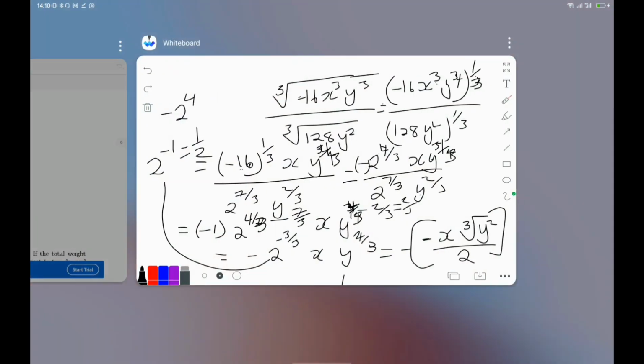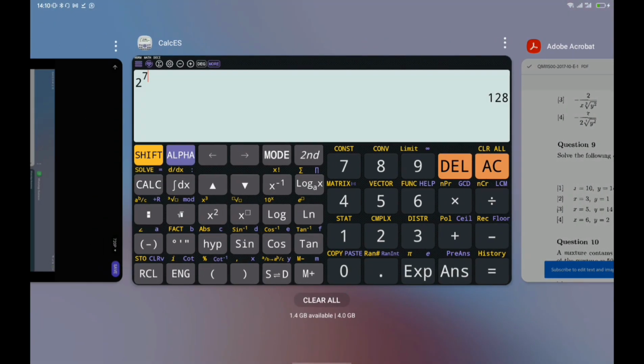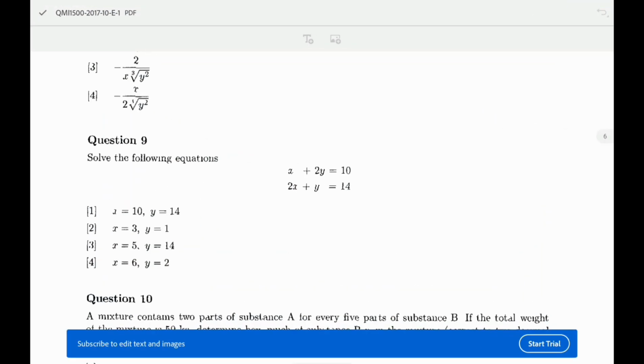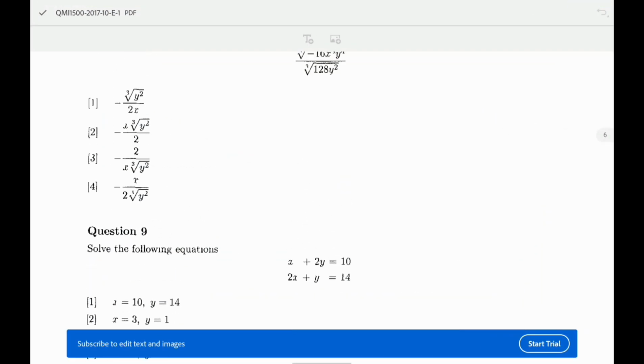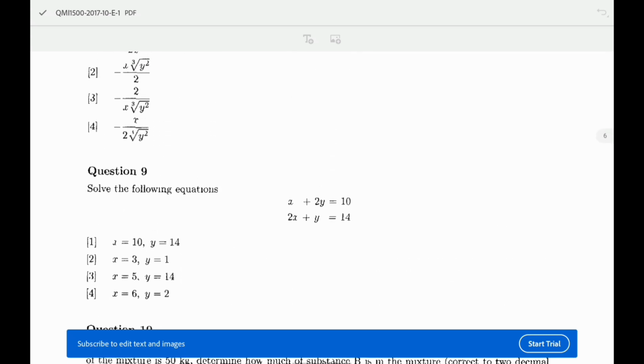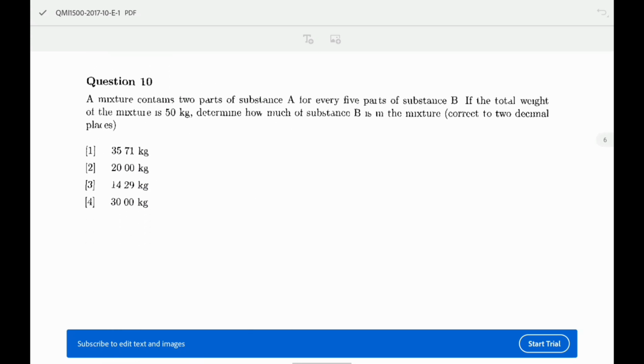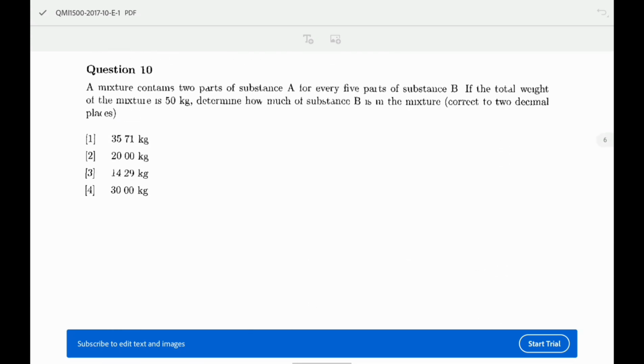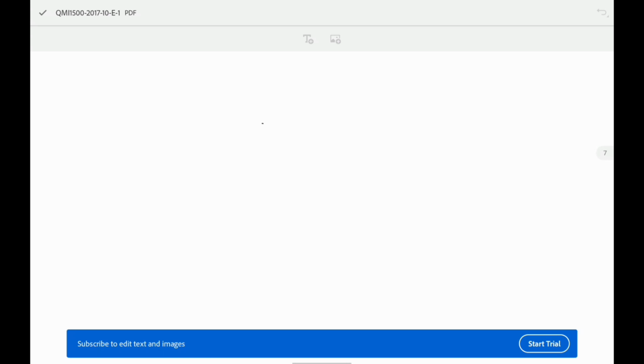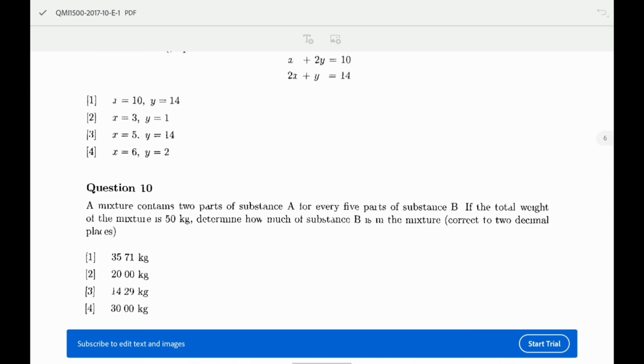So we're going to go back to this question here. Let's just check. Yes, when you check there, the answer is going to be option number 3. So let's move to question number 10.